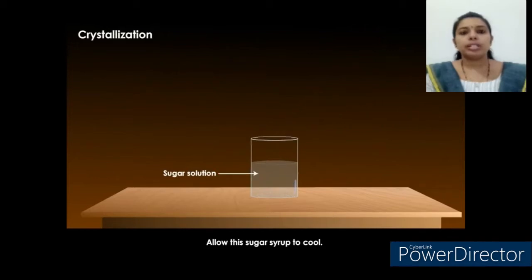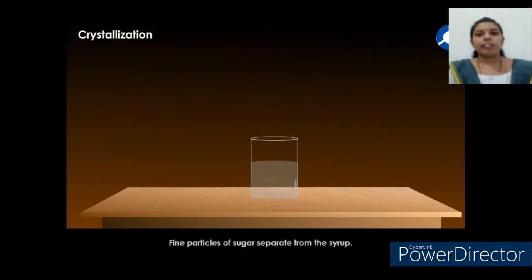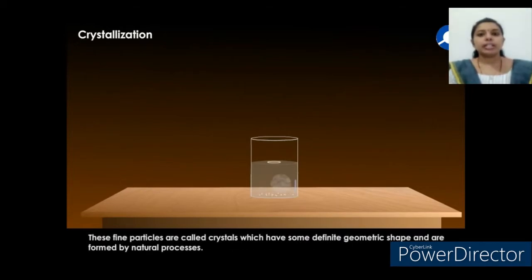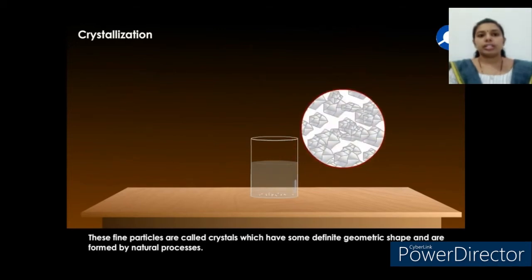Allow this sugar syrup to cool. Fine particles of sugar separate from the syrup. These fine particles are called crystals, which have some definite geometric shape and are formed by natural processes.